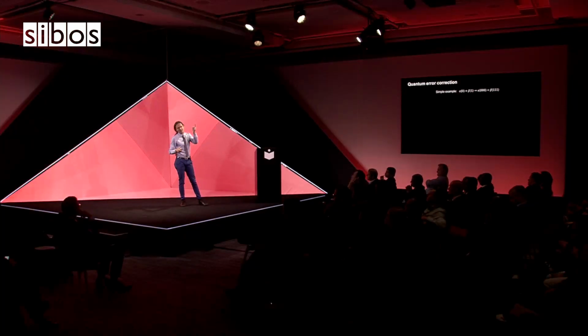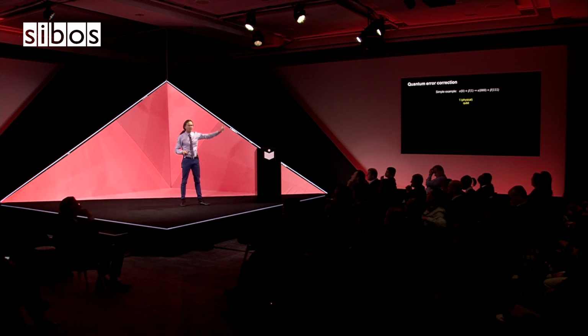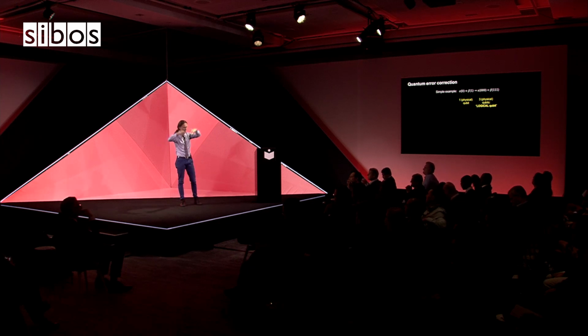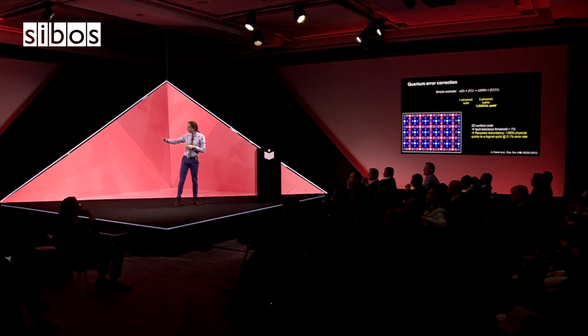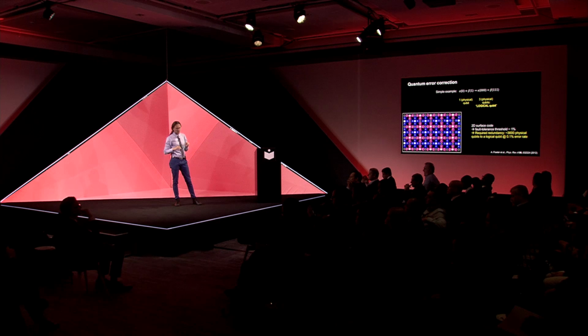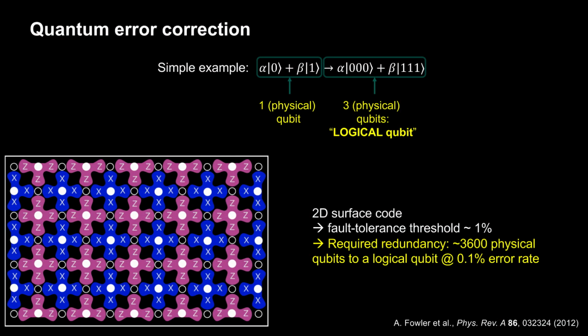So you encode, instead of on 1 bit, on 3 bits. The single bit of information we call the physical qubit, and the information encoded in many physical qubits is called the logical qubit. People have invented some very efficient methods to do large-scale quantum computations on 2-dimensional grids of qubits.